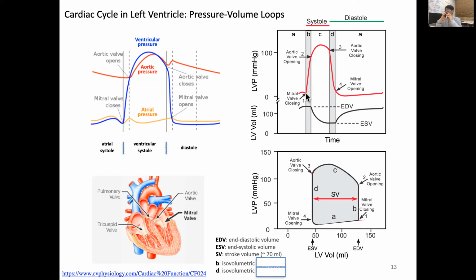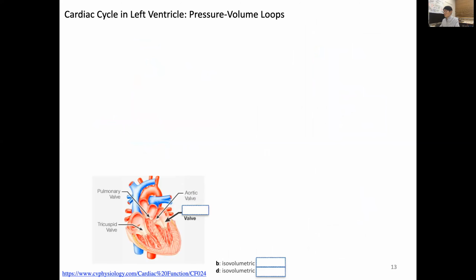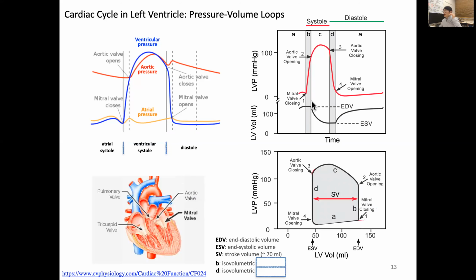So it's a closed system. Now the volume is pretty high, but it doesn't change during ventricular systole. Then pressure builds up until the aortic valve starts to open due to this crossing over of aortic and ventricular pressure.